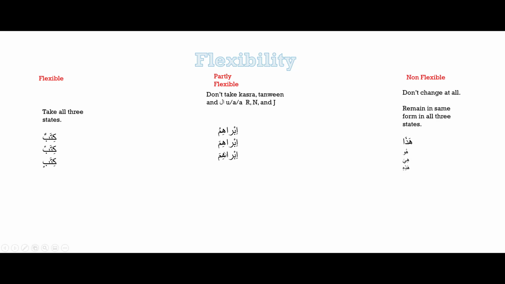Whenever the ism is supposed to be in jar state, that is, whenever it is supposed to take kasra, instead of taking kasra, the ism is going to take fatha. That is the first rule of partly flexible isms. They don't take kasra, and one more important point, they don't take tanween. We don't write tanween for partly flexible isms. I have just single vowels here.